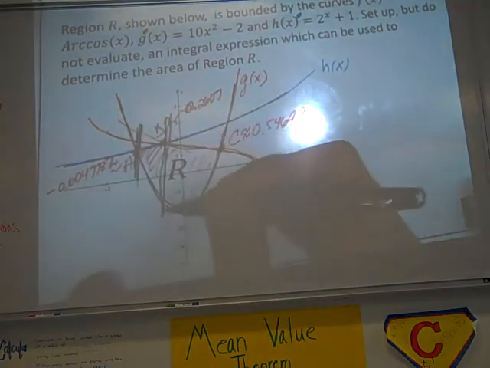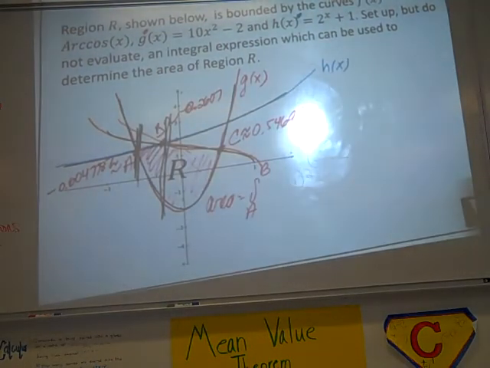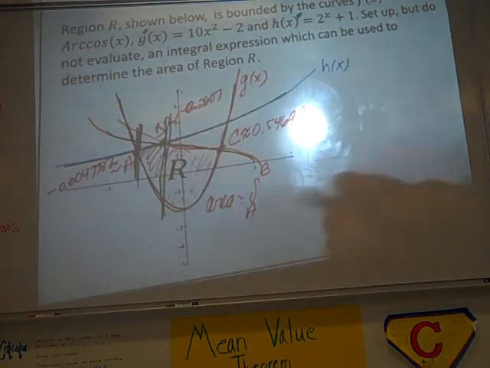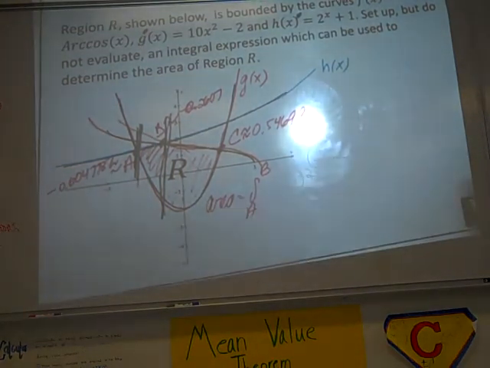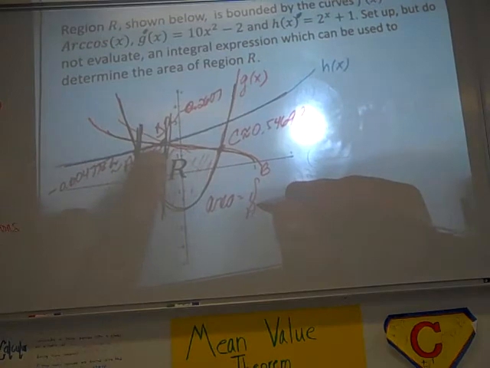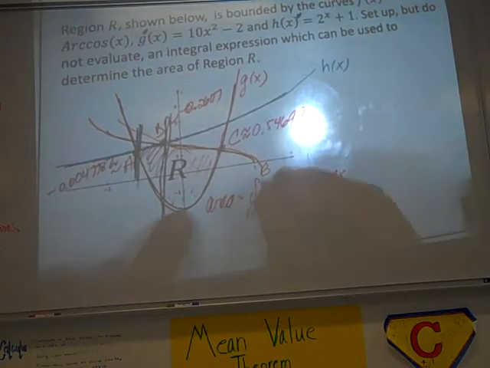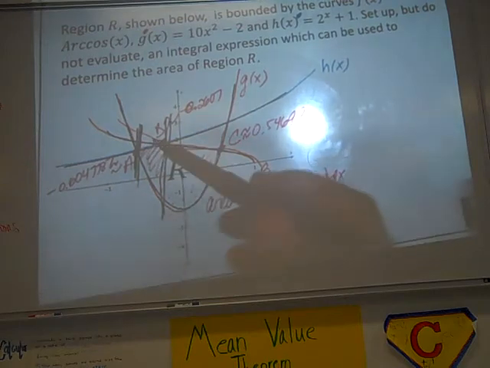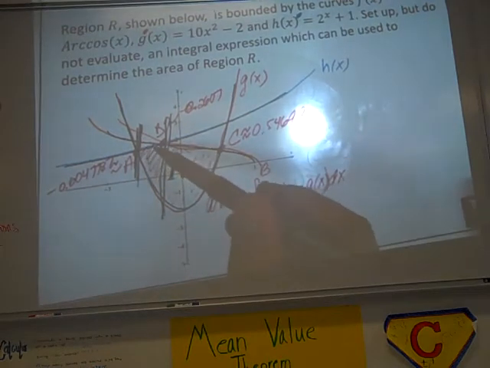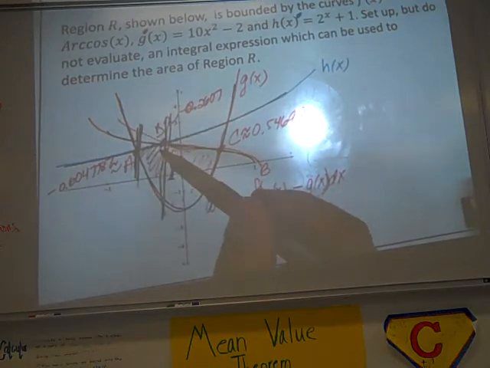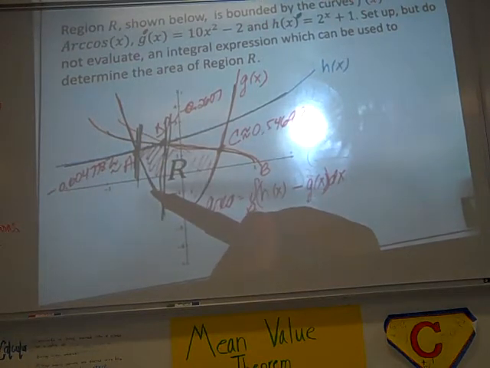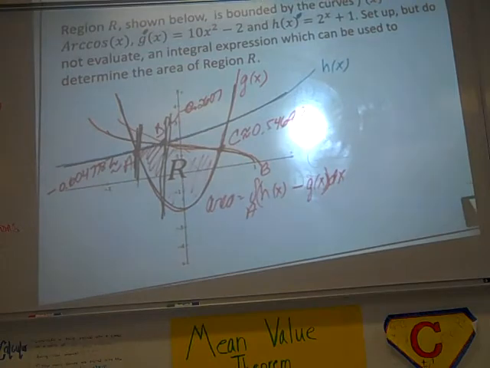The bottom curve is the parabola. So the area is the integral of h of x minus the bottom one, the parabola g of x, with respect to x. Whenever you're finding the area bounded between two curves, we want top minus bottom.